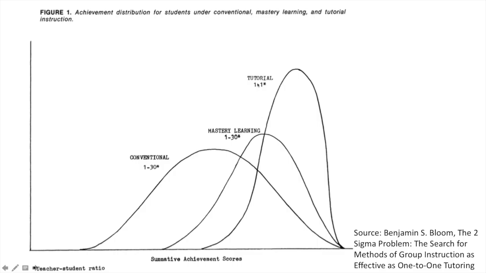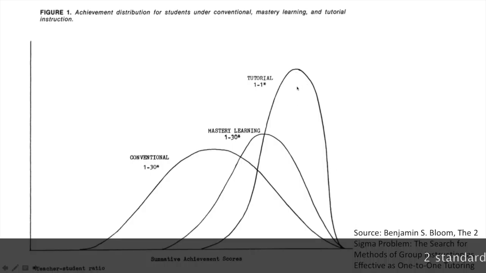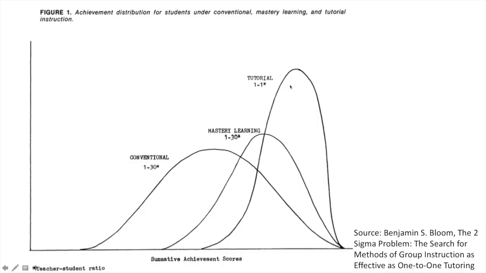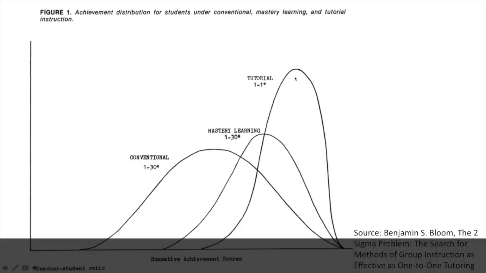But you could see here this huge increase in student performance if they are tutored one-on-one or even one in a small group. And this is what he started to refer to as the 2 sigma problem, because you have students that are doing better, 2 standard deviations or a sigma better than conventional instruction if they're tutored. What he said was, I want to find out how we can improve student performance without funding 1 teacher for every student, which would be impossible to support.